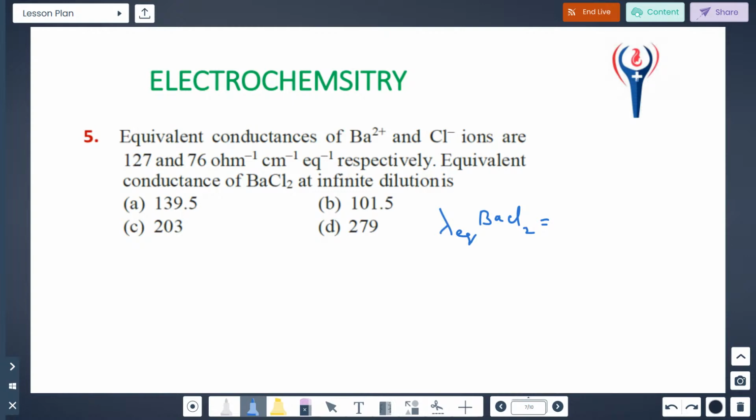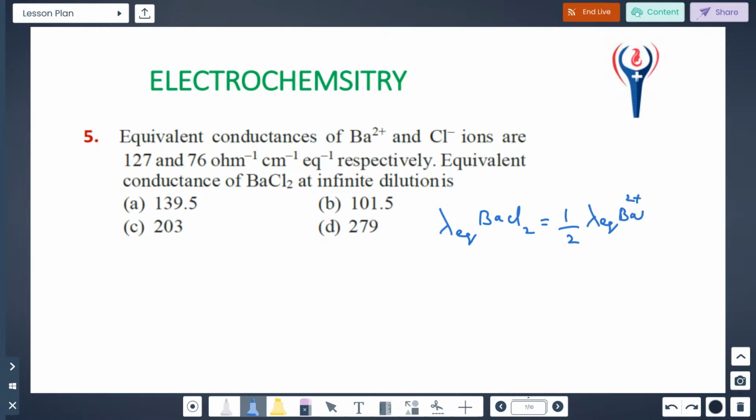What's the valency of barium? Barium is 2, and chlorine's valency is 1. So 1 by 2 of the equivalent conductance of barium 2 plus ion.